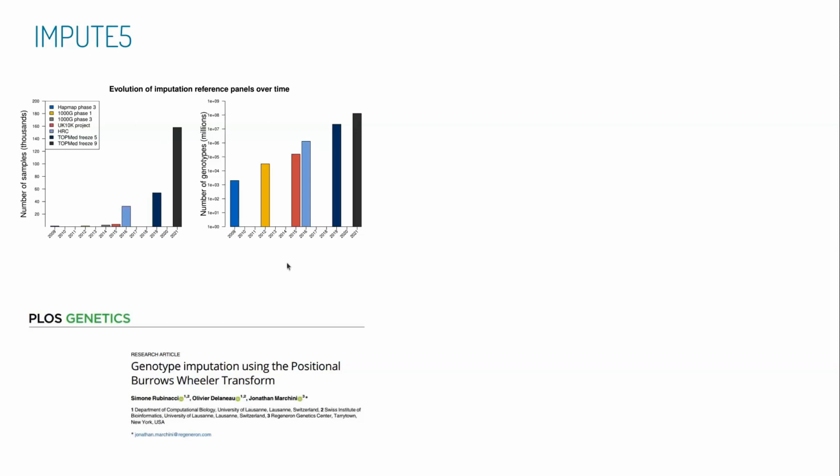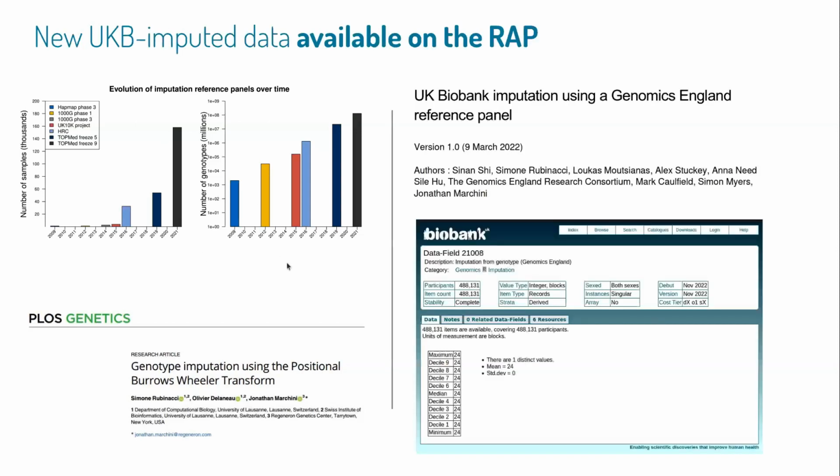This Impute5 method has recently been used by Simone Rubinacci's collaborator at the University of Oxford to perform genotype imputation of 500,000 UK Biobank samples using Genomics England as a reference panel. Genomics England is a UK-based dataset, not as easily accessible as the UK Biobank, but it contains approximately 100,000 whole genome sequencing samples.